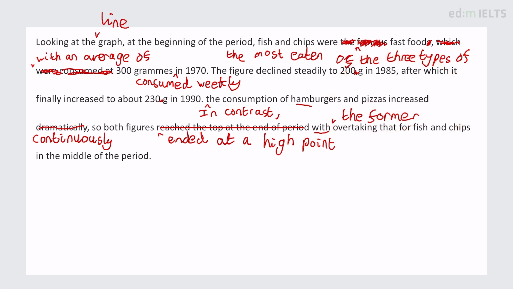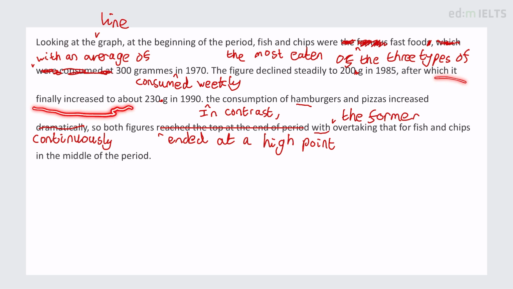If I said the latter would be to pizzas. So with the former overtaking that for fish and chips, I could say for the latter, if I wanted, in the middle of the period. So this is looking much better.